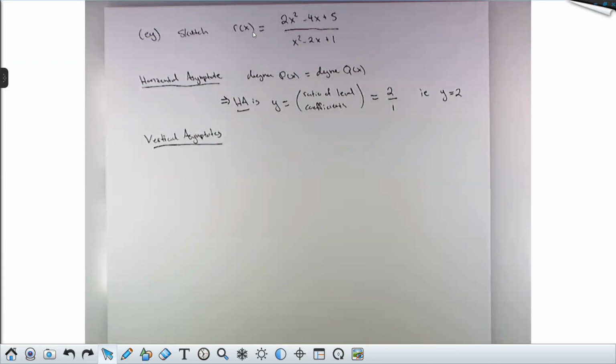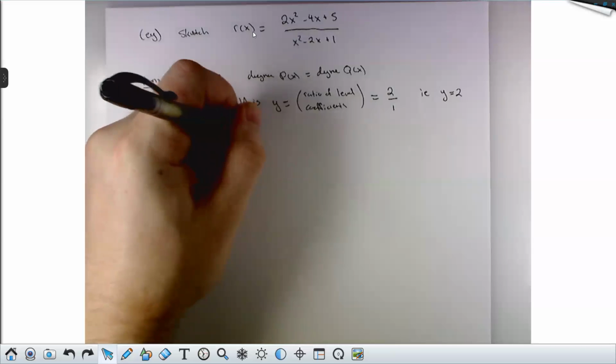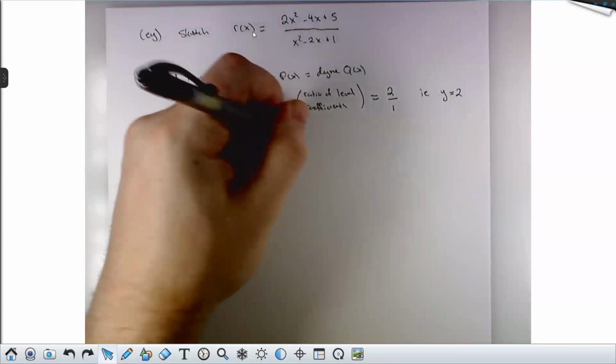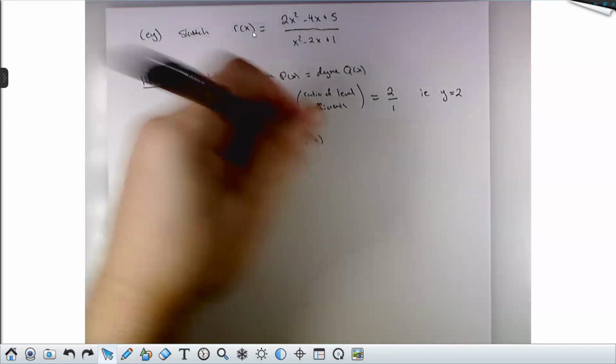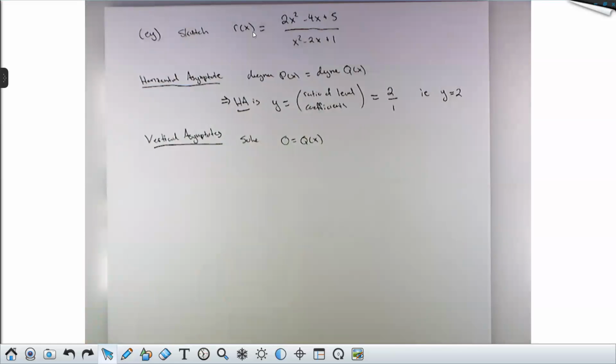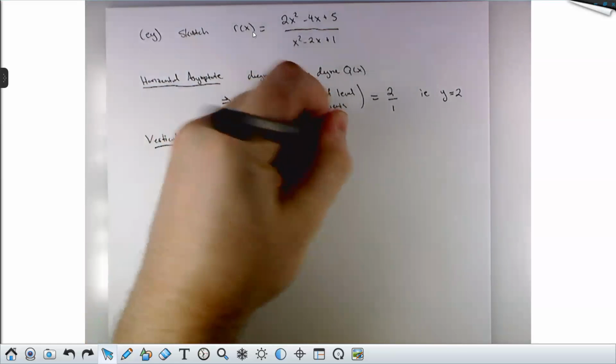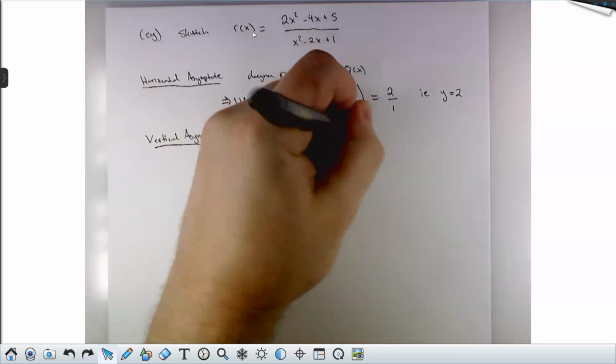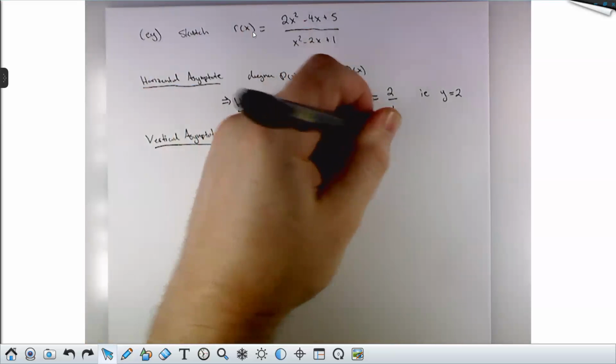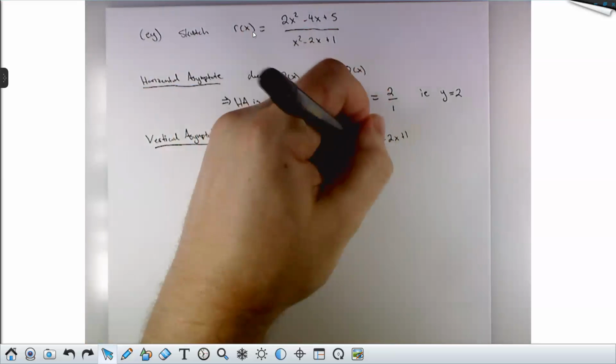How do we find these? You put the bottom equal to 0. So I'm going to set the bottom q of x equal to 0. That means 0 is equal to x squared minus 2x plus 1.